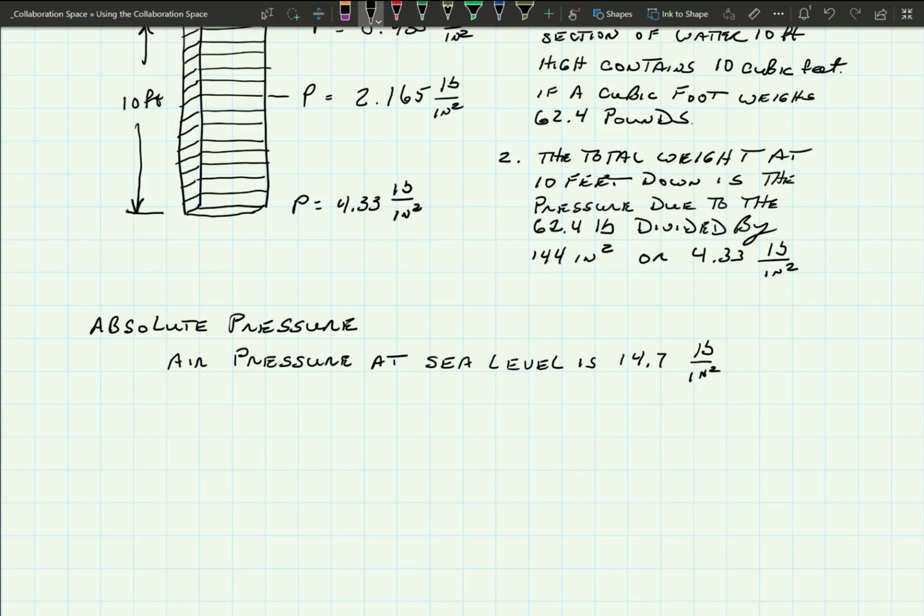Can the air pressure at sea level change? I've got to shake head no. Yes, no, maybe? Cameron, you're looking at it hard. What do you think?